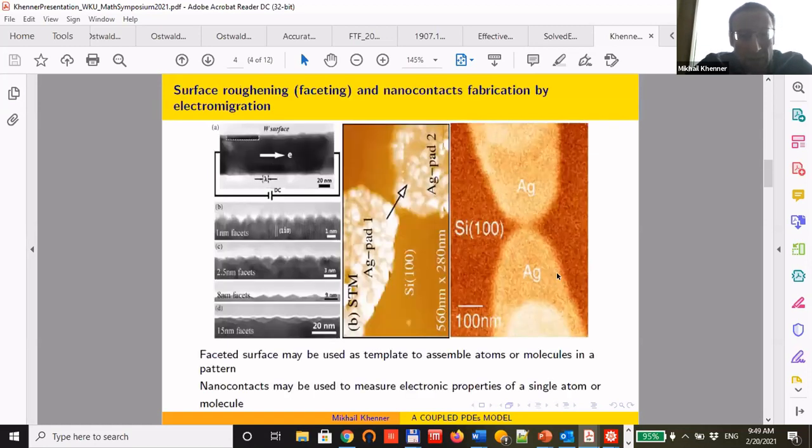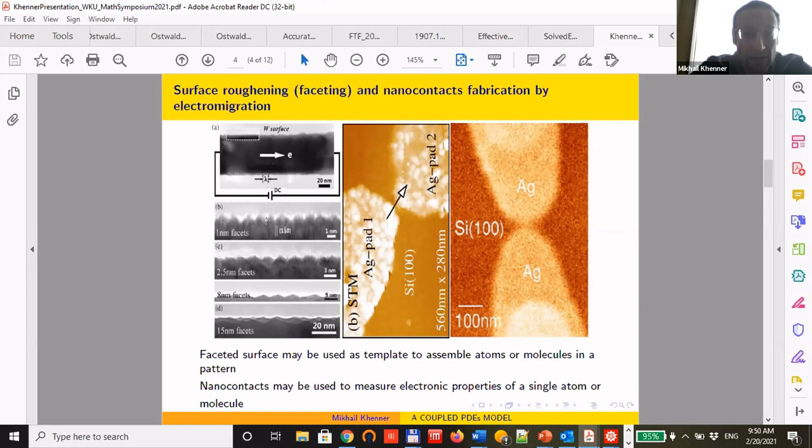So what are the applications of electromigration? There are plenty. Some of the most interesting, at least for myself, is the roughening of a surface by electromigration, which is the formation of a hill and valley structure on the surface, as you can see. This surface relief has a characteristic length scale.